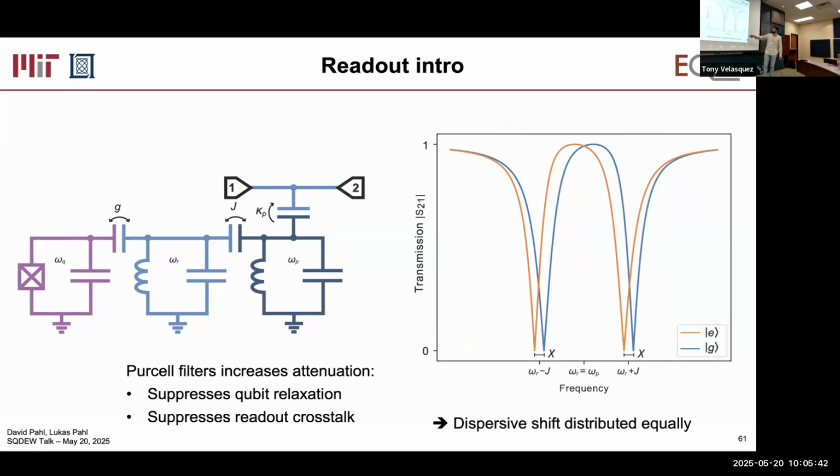The two modes are separated by 2J. These hybridized modes only appear when the modes couple together very strongly. I'll show a few line shapes later where that's less the case, but part of my work is also studying how different ratios of J and kappa p improve the readout. What's the best point for readout? There are some interesting findings there for sure.